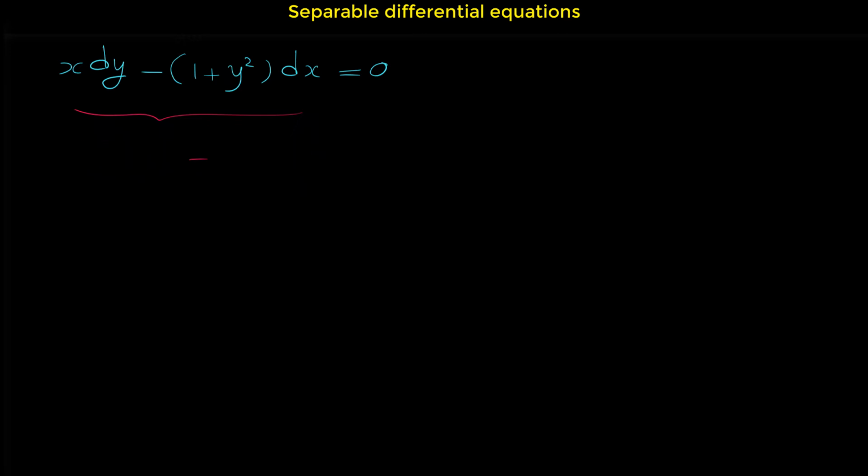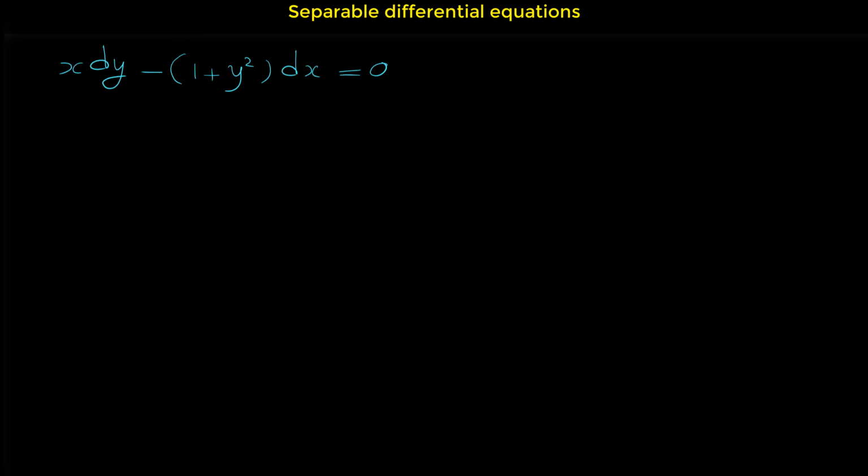But here in this differential equation, the coefficient of dy is x and the coefficient of dx is 1 plus y squared. So we have to try to write it in the form of a separable differential equation. We have to bring this 1 plus y squared close to dy and this x close to dx.